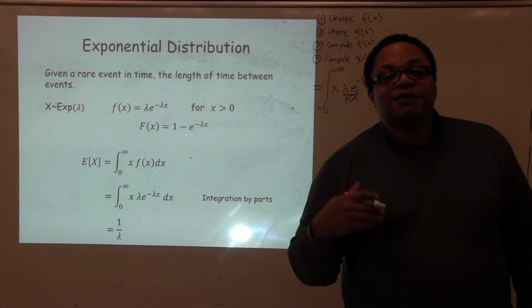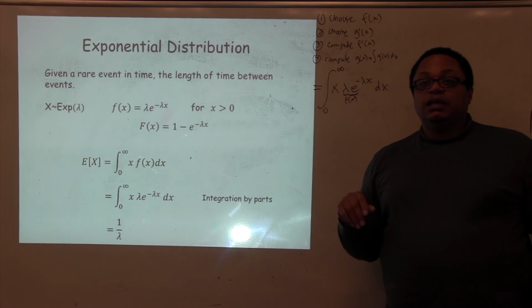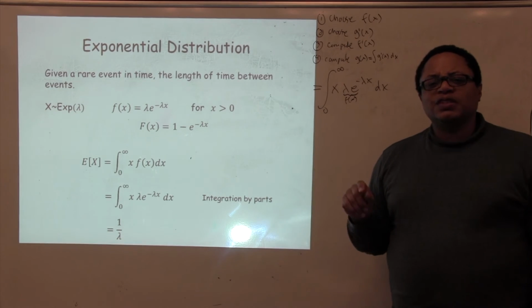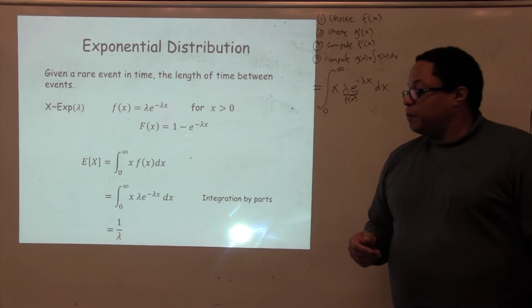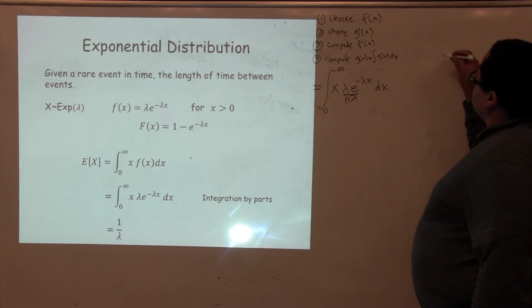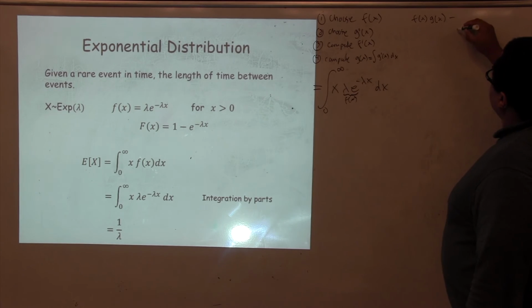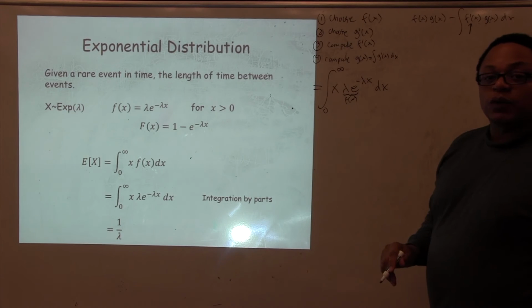And if you're ever at a loss to figure out which should I choose as my f of x term and which should I choose as my g prime of x term, try it both ways, but you should always think first to choose your f of x term such that when you apply the integration by parts, it'll get simpler, right? Because remember, integration by parts is f of x times g of x minus the integral of f prime of x g of x dx. So that's going to be the reason why it gets simpler, right?